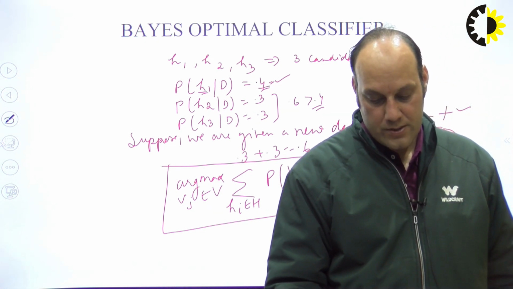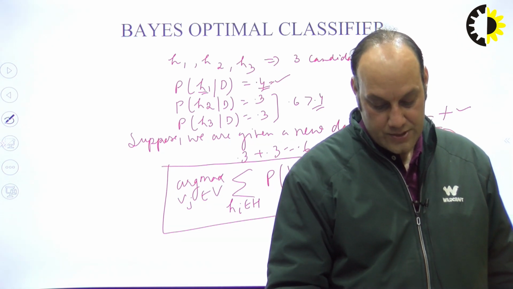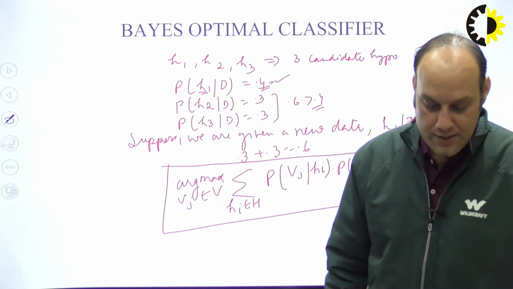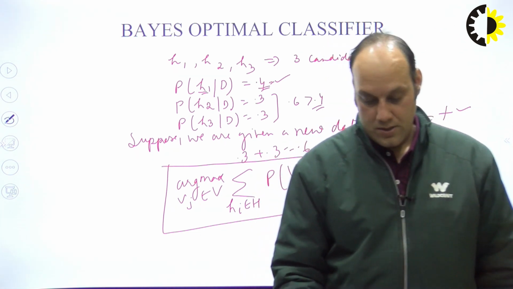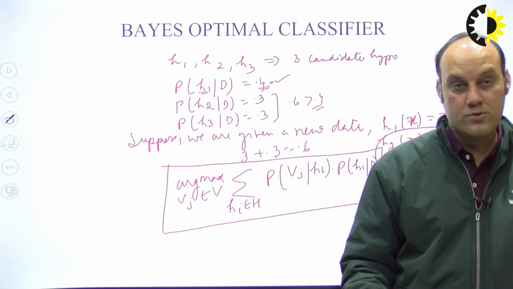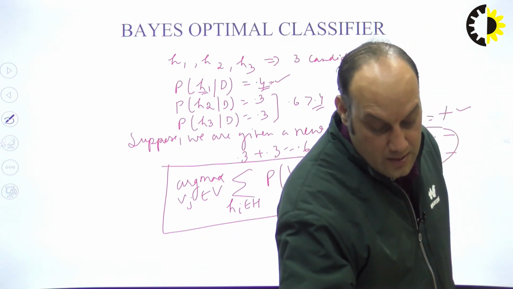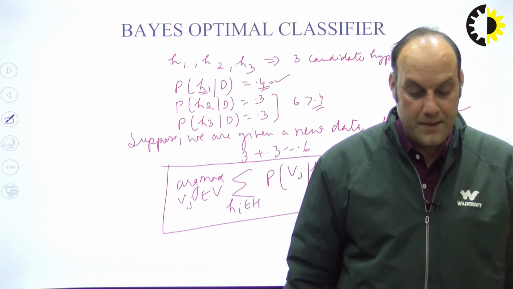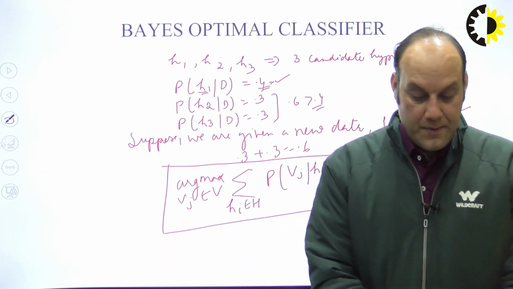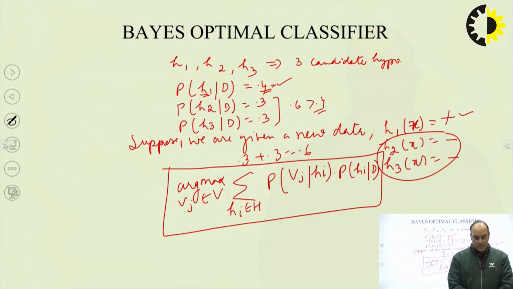It is optimal because no classifier using the same hypothesis space and the same prior knowledge can outperform this on average. Typically the size of the hypothesis space is huge, so it is not possible to apply the Bayes optimal classifier. We have to use some approximation for this.